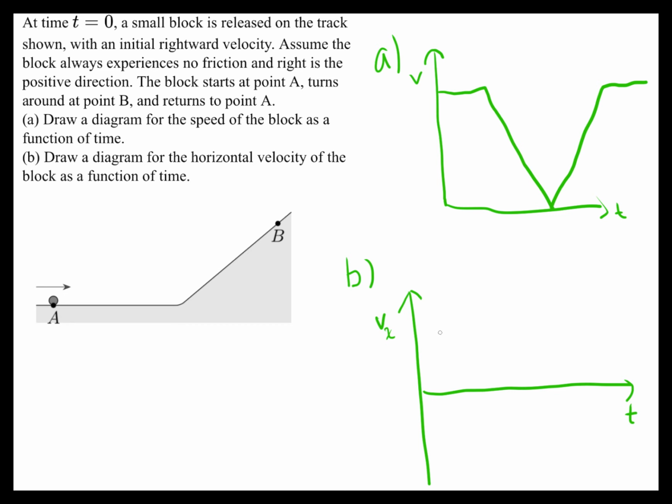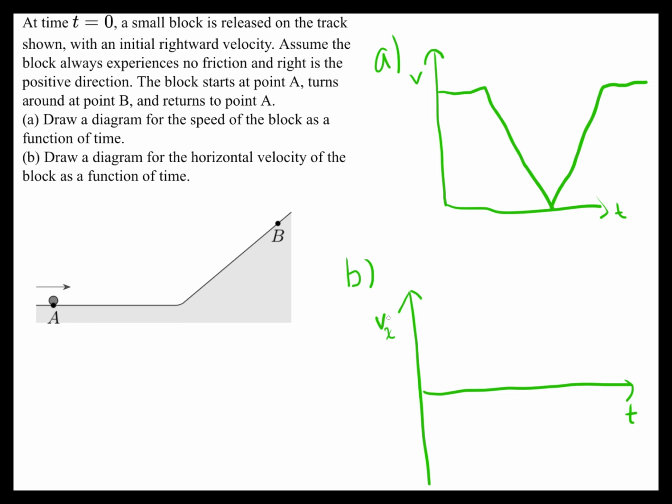So again, we're going to start off with quite a high velocity, and then it hits the ramp. And what it's going to do is the velocity is actually going to drop down really quickly for a while because it's asking for the horizontal velocity. And then it's going to keep decreasing. Hold on, sorry.